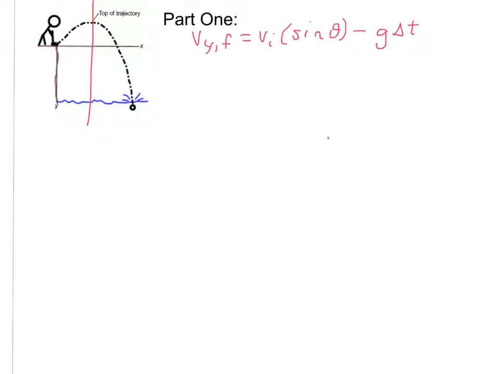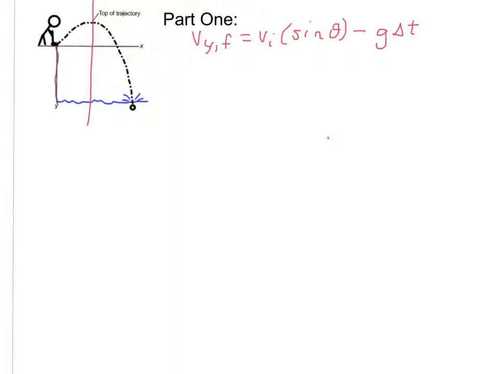For part one, we're going to use one of our equations that I just listed in the previous frame, in order to, again, solve for the time. The one thing we don't know in all of this is time. In our part one situation, we do know the final velocity in the vertical direction, in the y direction. How do we know that?